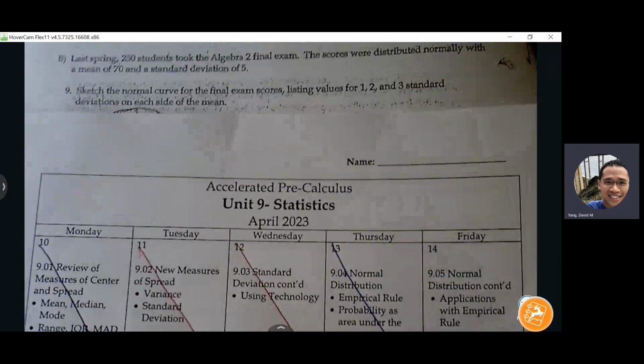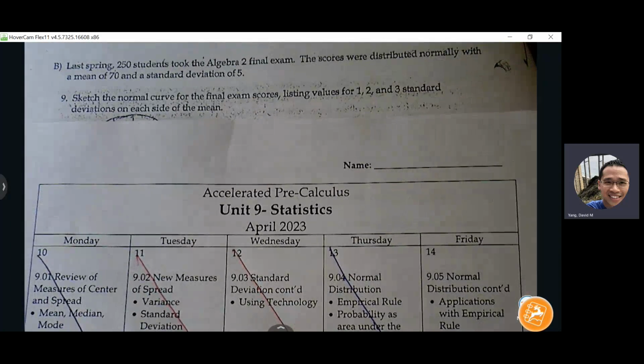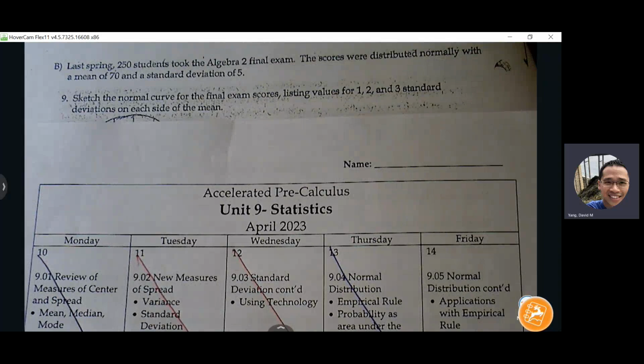Again, sorry, I meant to put all that on the top of the page. The mean is 70, and then the standard deviation is 5. So 70 is the middle line, and then add and subtract 5, 3 standard deviations to the left and to the right.